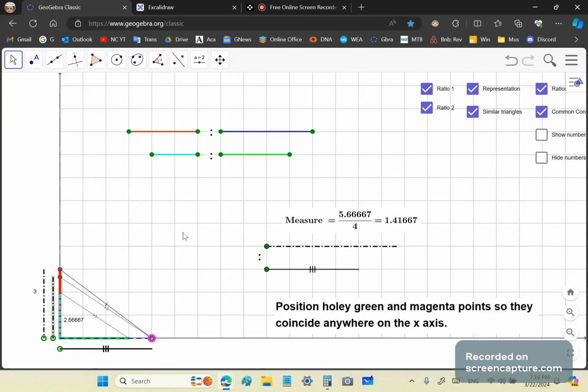Now, product involves one extra step besides finding a common consequent and then following through with the rest of the steps. It involves taking the second ratio and flipping these two around. In other words, making this the length of the consequent and the consequent the length of the antecedent. So if this is, that would be 3 and that would be 2.